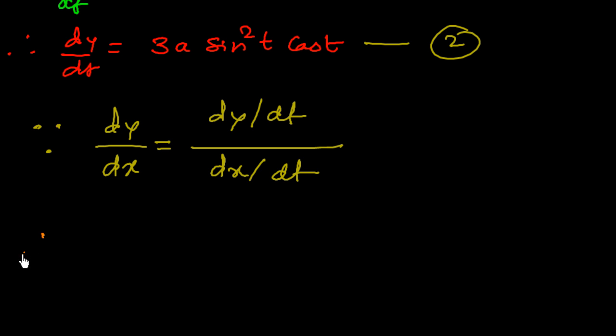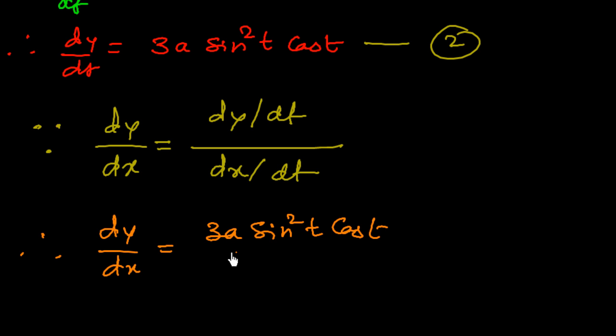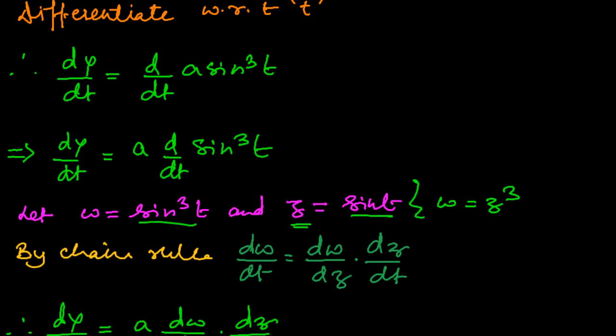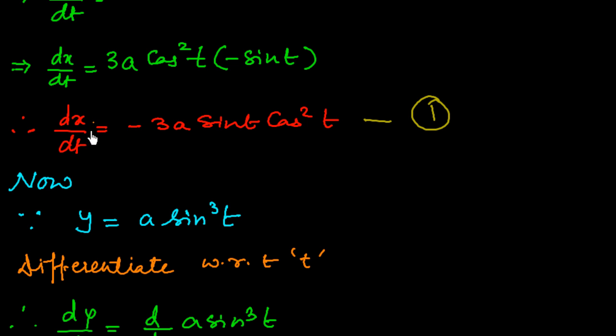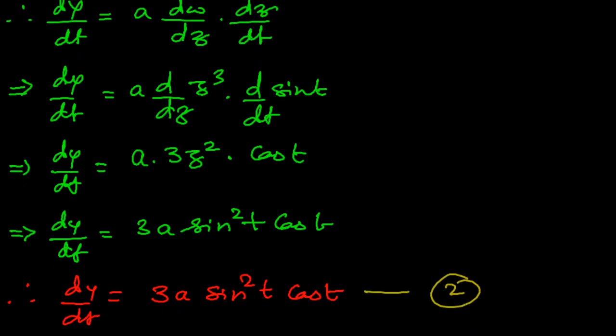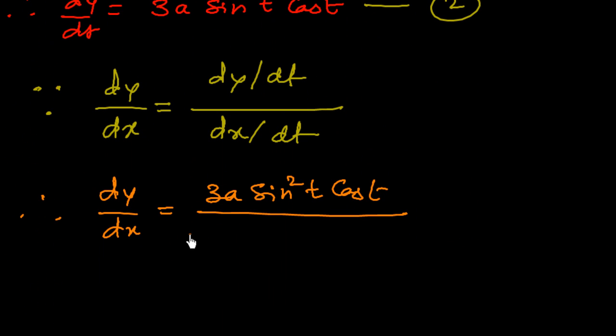Therefore dy over dt is 3a sin square t cos t, and dx over dt, which we found earlier, is minus 3a sin t cos square t.